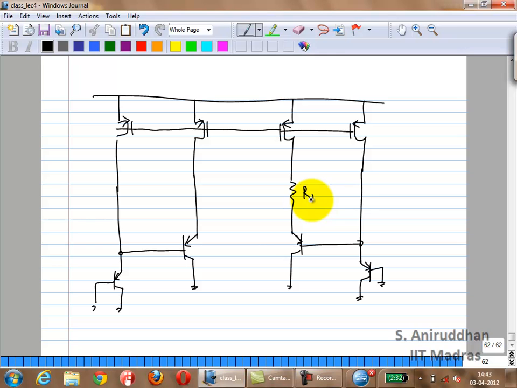I'll just call this R1, and M1. Okay, what else? I need to bias this voltage.